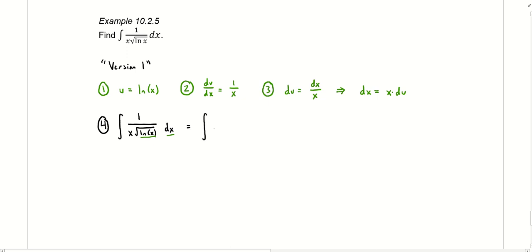This is the integral of 1 over x times the square root of u times x times du. Now this looks like it's working. I can cancel this x with this one, which is going to leave me everything in terms of u. The integral of 1 over the square root of u du.